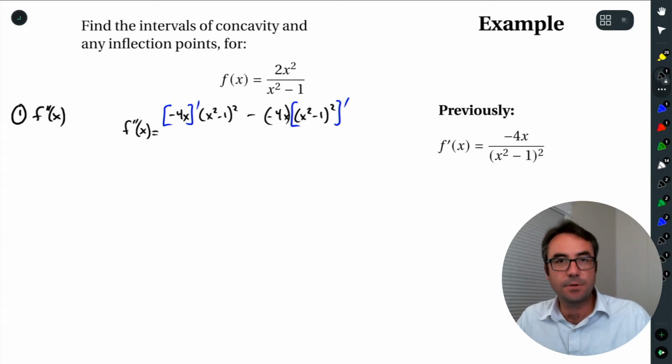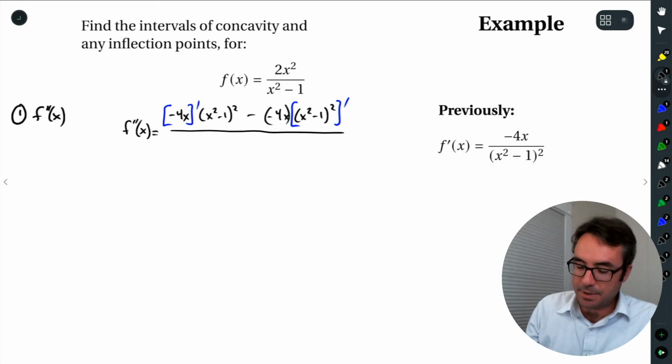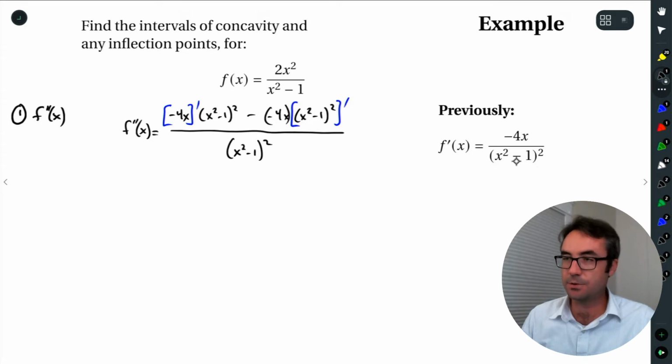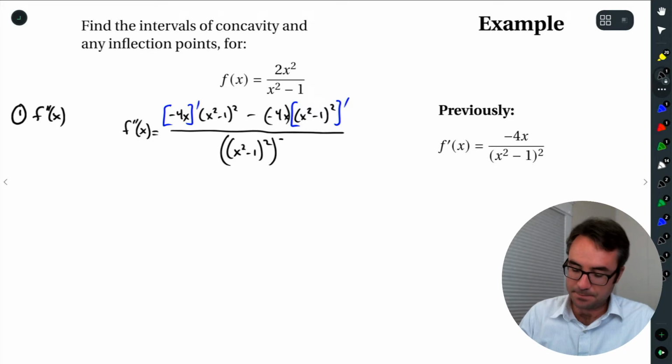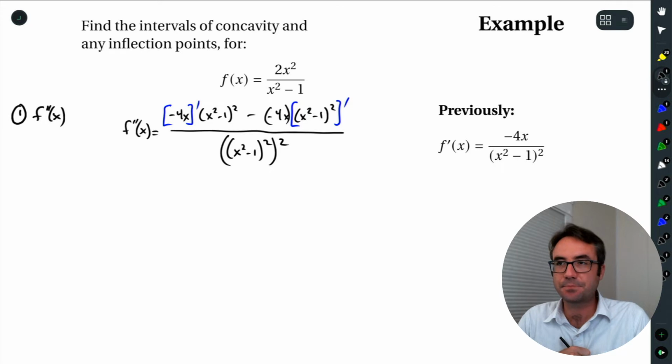And that's the numerator for our quotient rule. And then we make a nice big fraction. We take our original denominator, since we're differentiating f prime here, this is the one we're looking at, take our original denominator, which was over here, and we square that. All right, so this is our quotient rule.